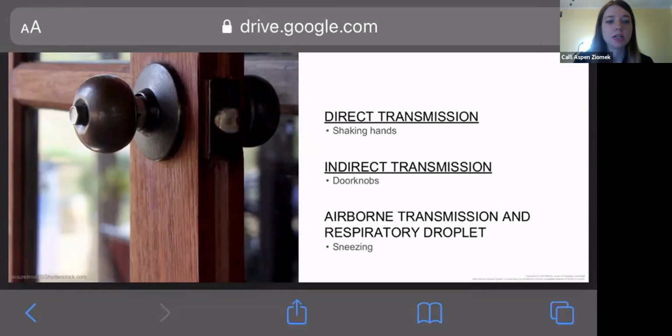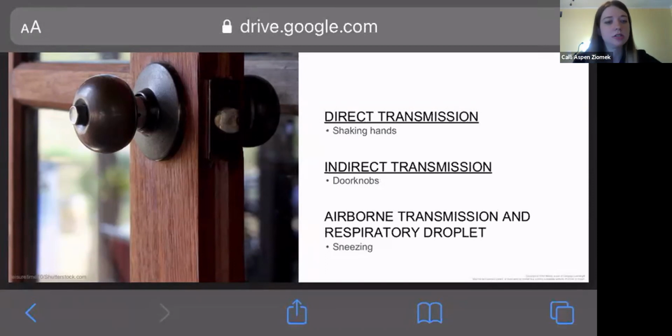Airborne transmission and respiratory droplets are similar to what occurs with direct transmission, but the pathogen specifically lives in the respiratory tract and is expelled through coughing, sneezing, talking, anything like that, which is why with COVID you wear a mask.